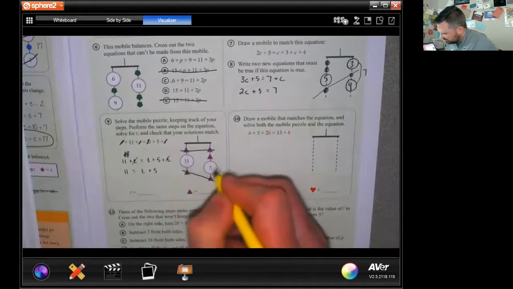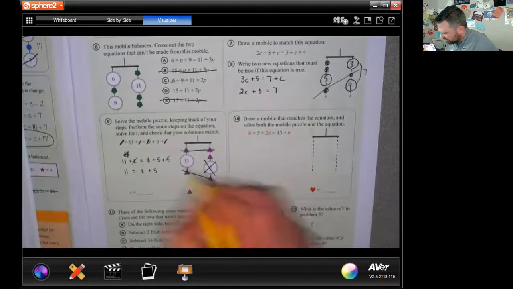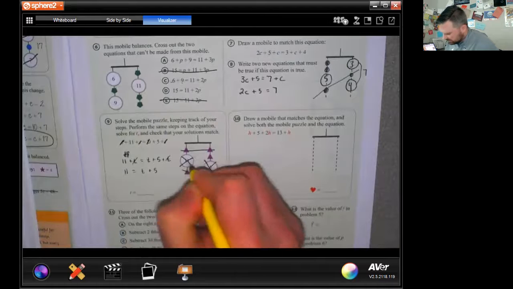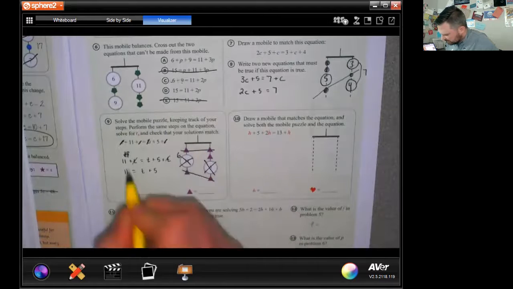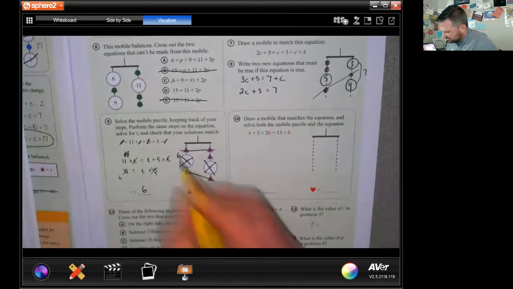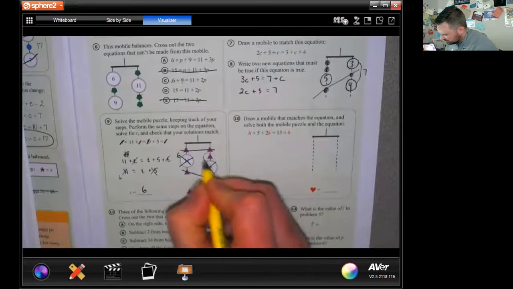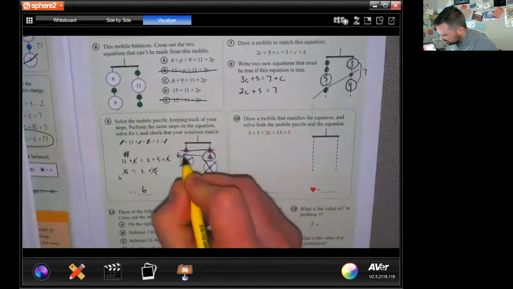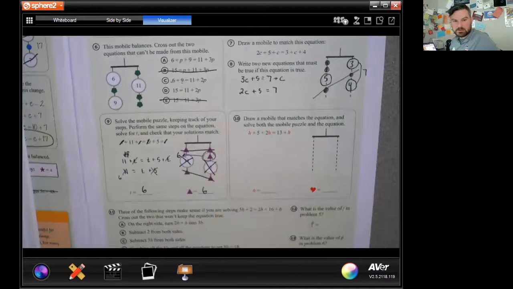Okay, so 5 away from here. So 11 minus 5 would be 6. So I get rid of this one, I get rid of this one, I get 6. So t equals 6 over here. And a triangle, which is what I have left over here, is equal to 6. Okay, so they match.